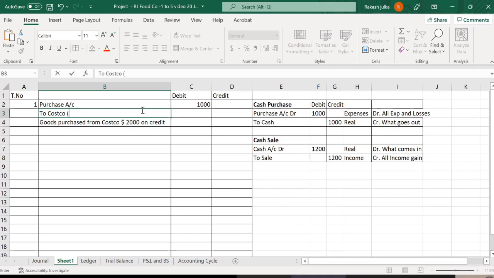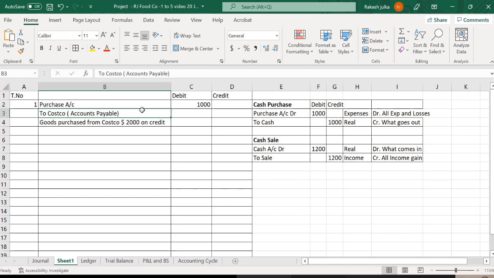We know that we are buying from Costco and we will pay Costco later on, maybe in 1 month, maybe 15 days, $1,000. So that will be our accounts payable, also known as sundry creditors.